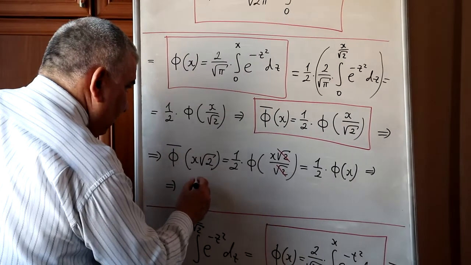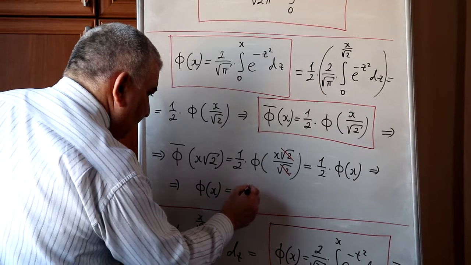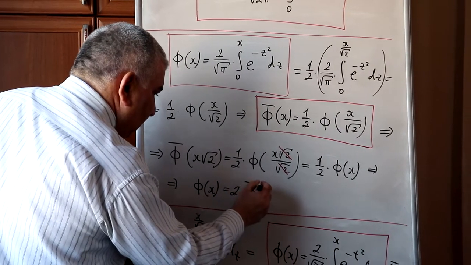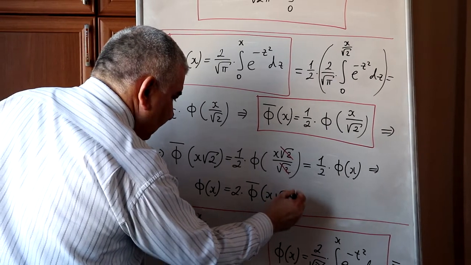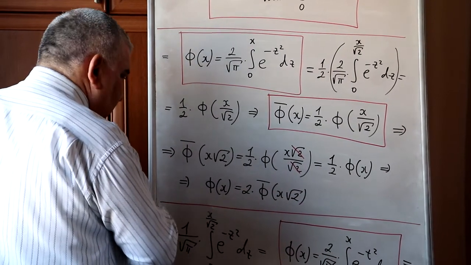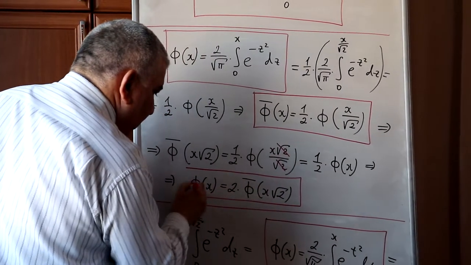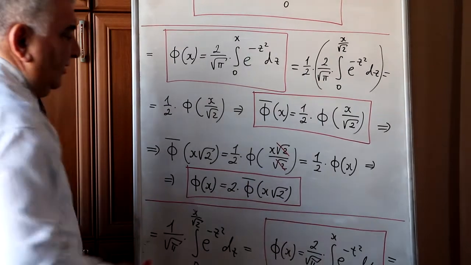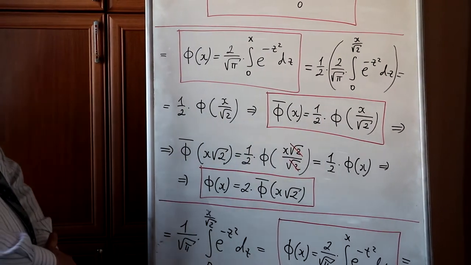Therefore phi of x is equal to 2 multiplied by phi capital bar of x square root of 2. It is expressing the error integral by means of the Laplace function.